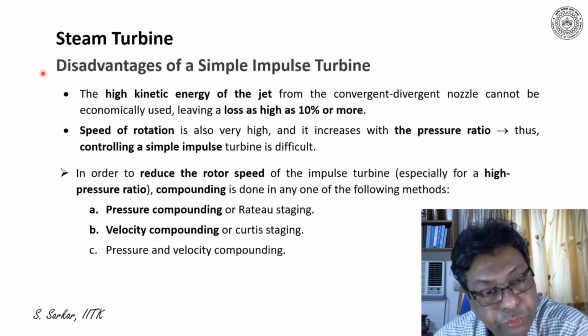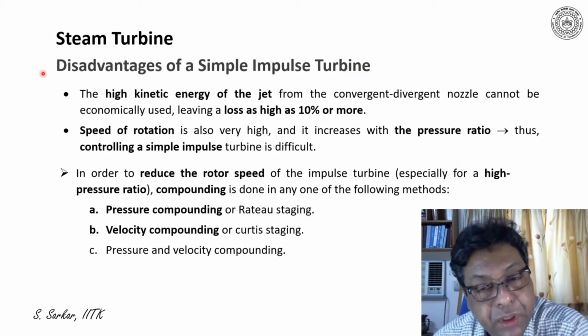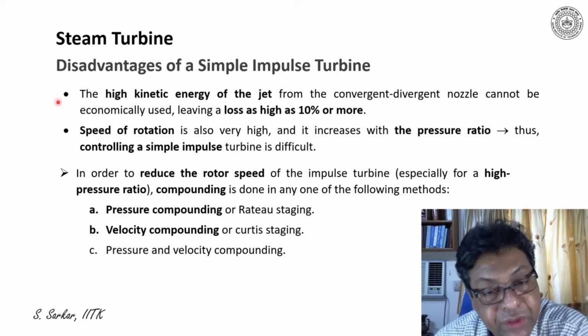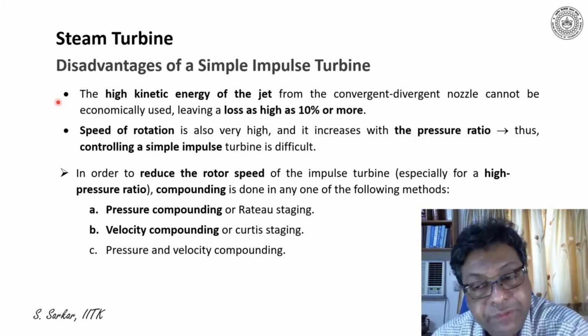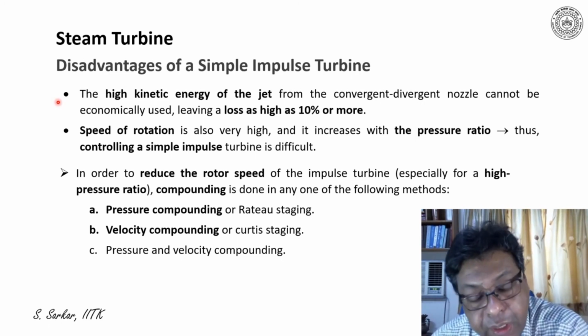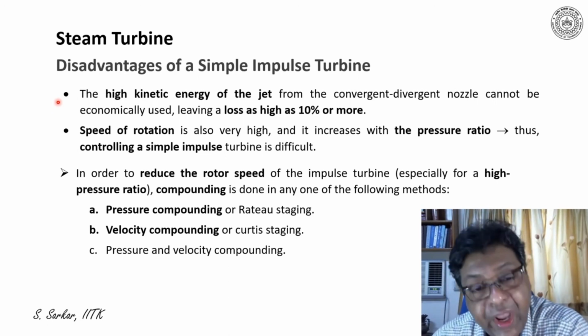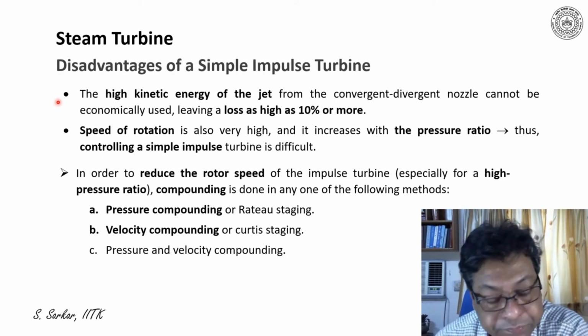Let me continue with the disadvantages of a simple impulse turbine. The kinetic energy of the jet from the convergent-divergent nozzle cannot be efficiently converted to work, leaving a loss as high as 10% or more.